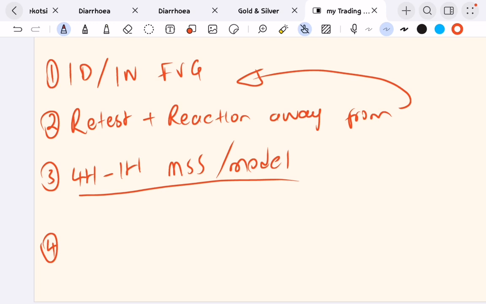So I want to see a 4 hour to 1 hour market structure shift or a model. It's the fractal nature of price. Basically, once this forms, it's going to create something like this. Why is this tricky?